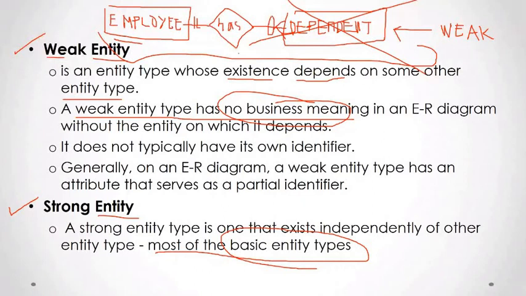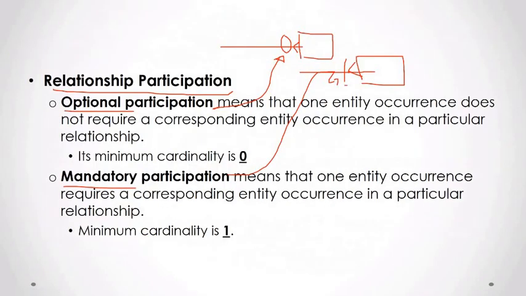Okay, so this is an example of an optional participation. So an instance here is not required to have a dependent. So if it is required, then you have to use this vertical line.